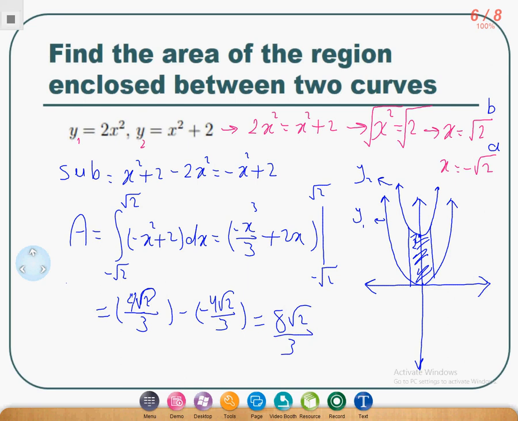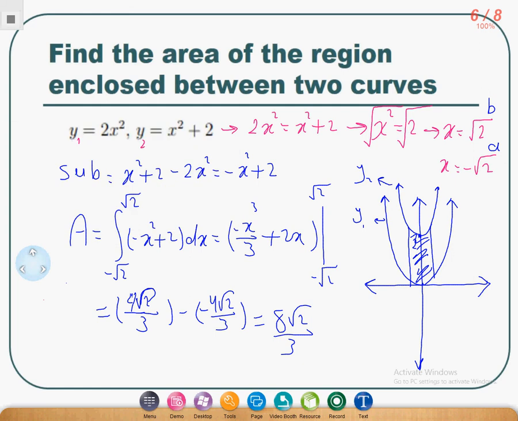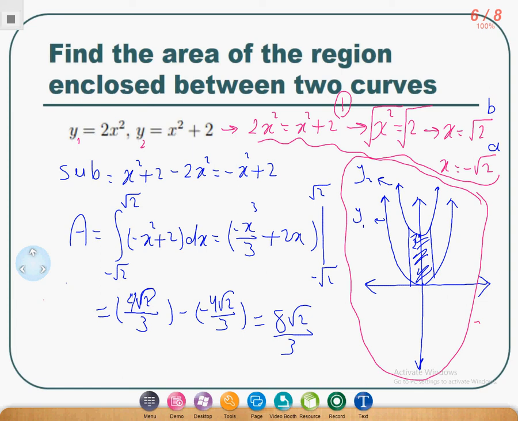Like we did before, boys. Step 1, step 2, step 3, step 4. And if you want, I can do it in another color to be a little clearer. As I told you, this is step 1, this is step 2, here 3, here 4.